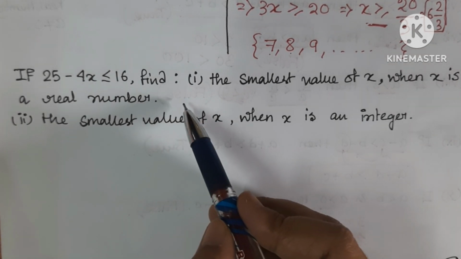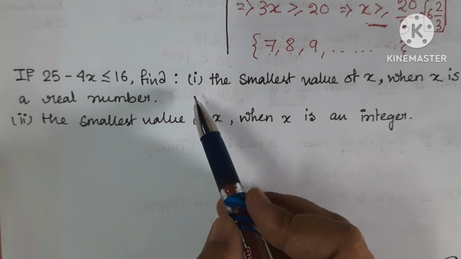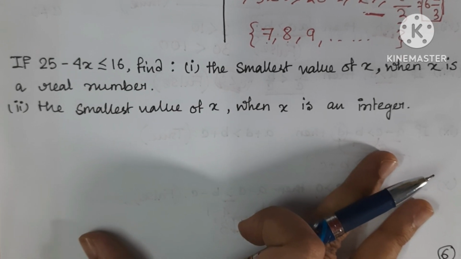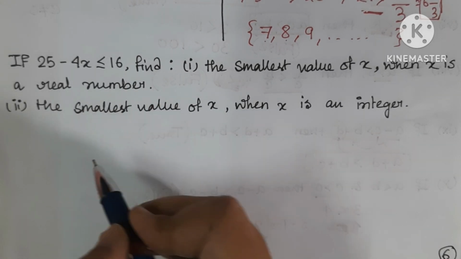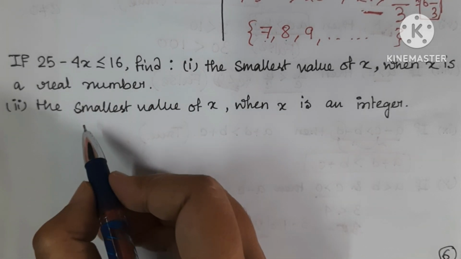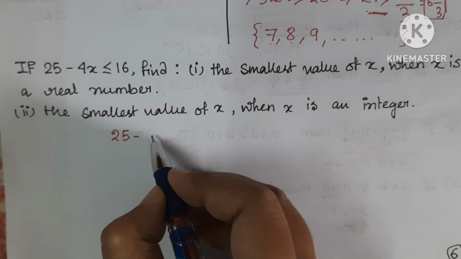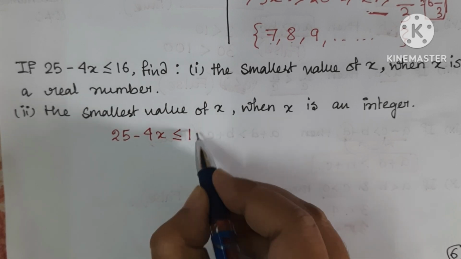So in this case the replacement set is the set of real numbers. Now first you have to solve it: 25 minus 4x less than or equal to 16.